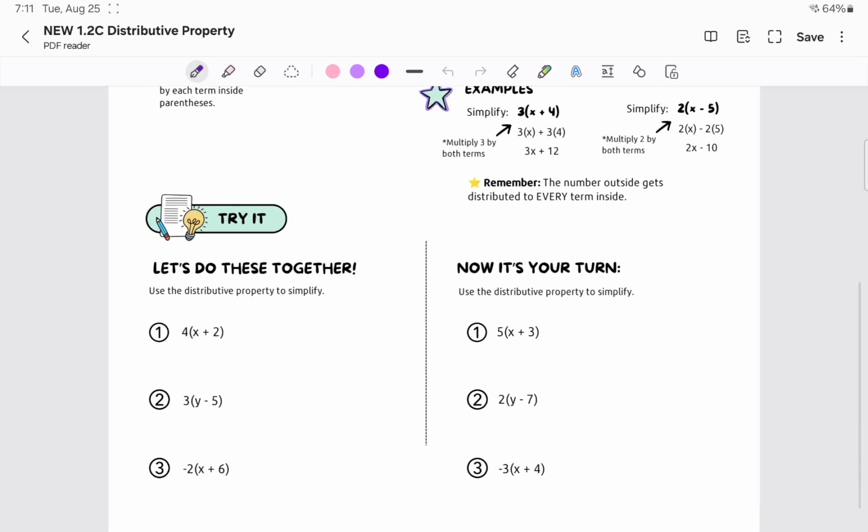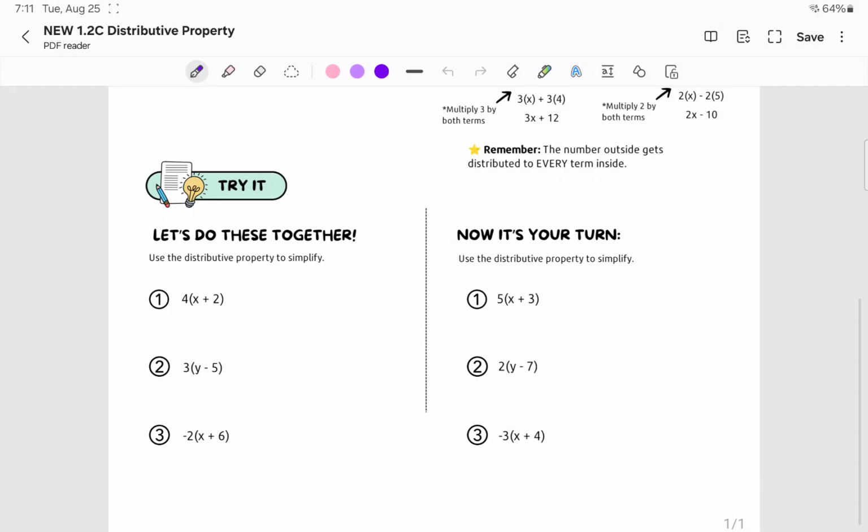All right, let's try these together. For number one, we want to show that we're multiplying this 4 to each term inside the parentheses. You either go underneath with a smiley face, from the 4 to the x, or you can go on the top like a rainbow. Then 4 times x is 4x.